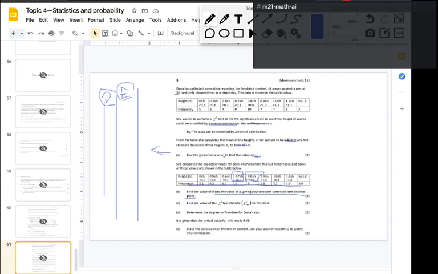You just input it in your GDC. 7.8 and 8 to 8 for mean, and for standard deviation it's 0.257.